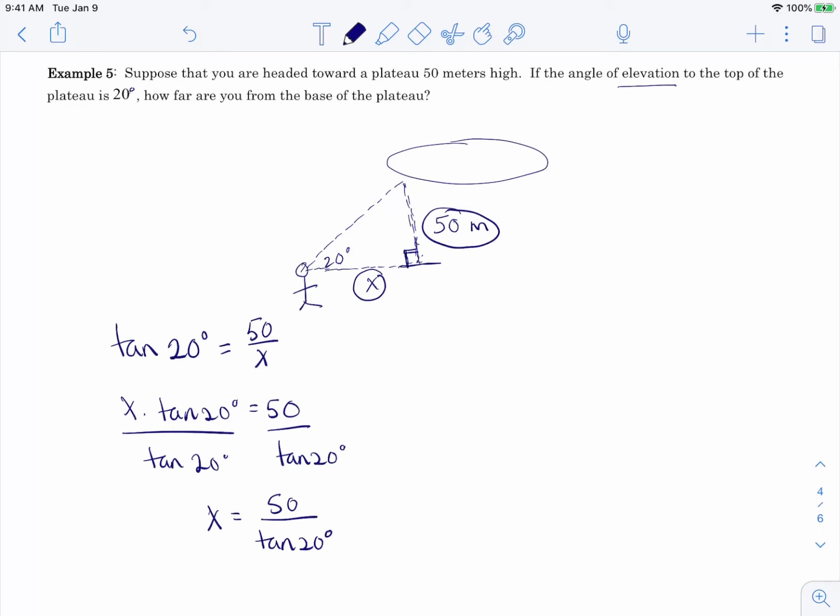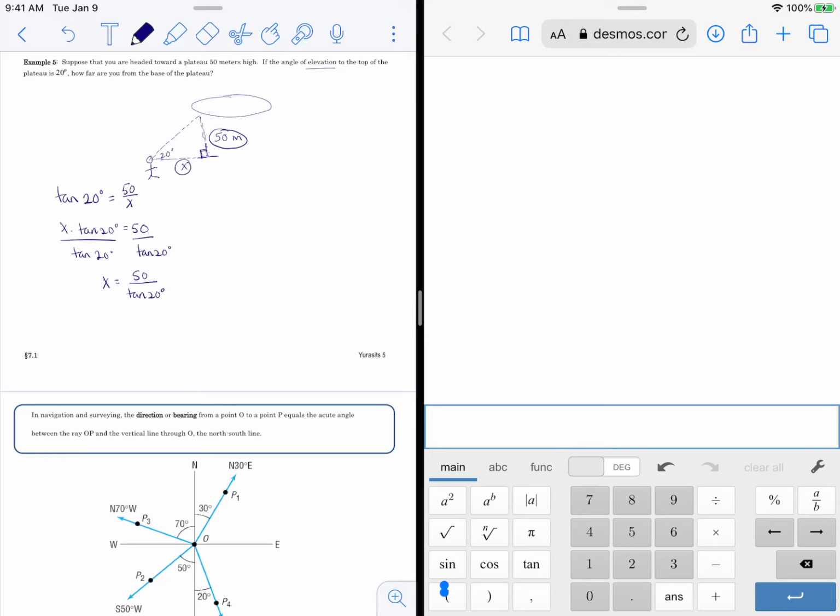I have to rely on my calculator. And I'm going to do 50 divided by tangent of 20. And I get about 137.37 meters.